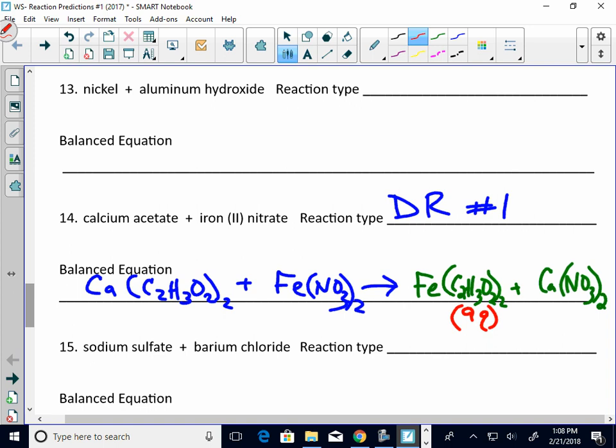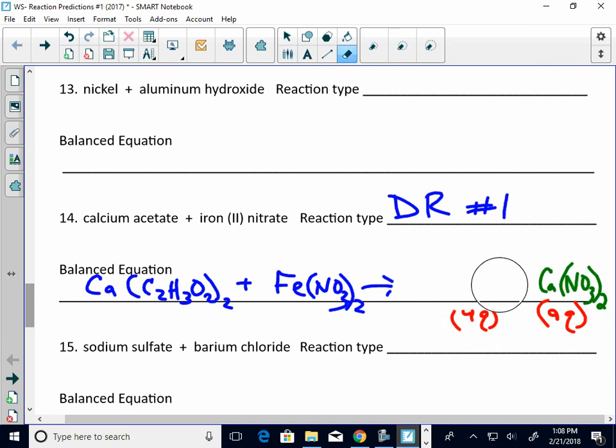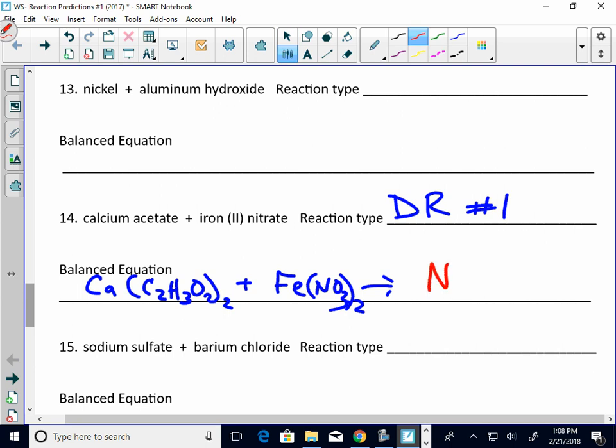Calcium nitrate is soluble. What happens if both of these are soluble? Does not occur. It is no reaction. So I did all that. I'm going to erase it. I'm going to clean it up. And I'm going to say that those two will not react. That is an NR for number 14.